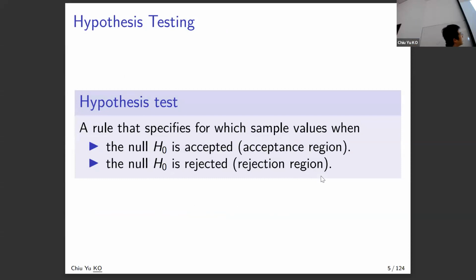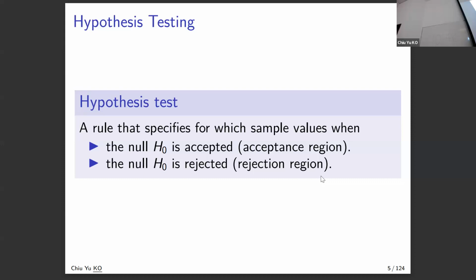So this is the formal definition of hypothesis testing. Hypothesis testing is basically a rule. Later you will see, we specify when we will accept, or not reject, or will reject. So it's based on data. The data will tell us whether you accept or reject.